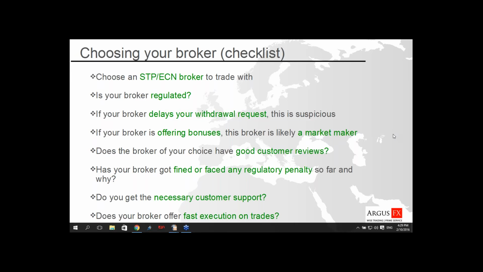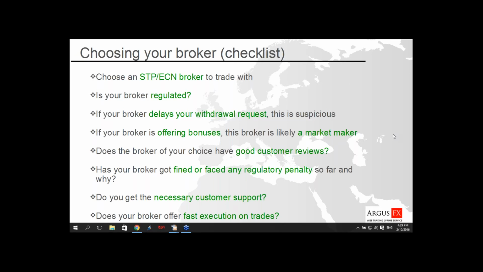So what are the checks that we should do when choosing a broker? Number 1, we should choose an STP ECN broker to trade with. Why? Because we want fairness. We want the right allocation of our trades between us, the traders, the platform, and the liquidity provider.